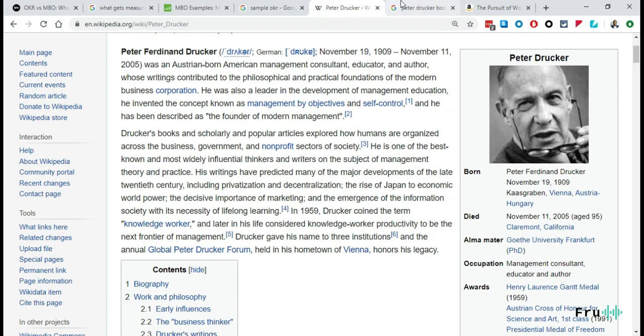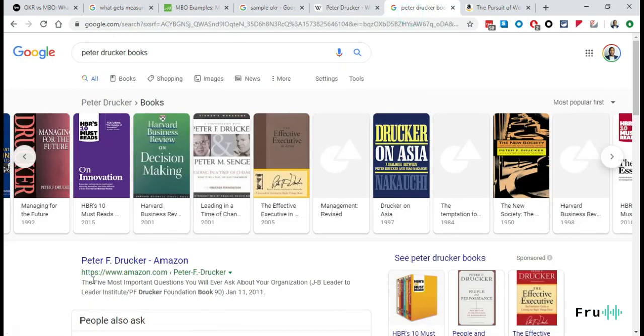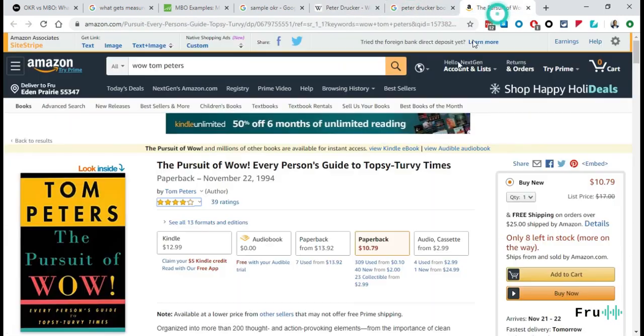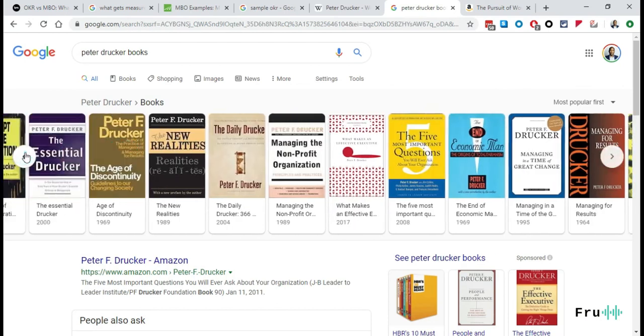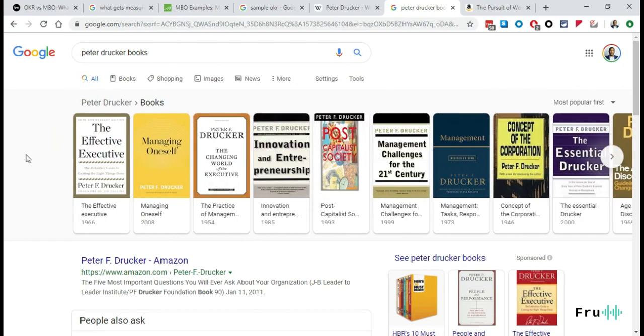And the whole list of Tom Peters' books, of Peter Drucker's books. It's interesting how you have Tom Peters, Peter Drucker, like a lot of Peters in there. Peter Drucker's books, any one of these books, guys, is always a great read.